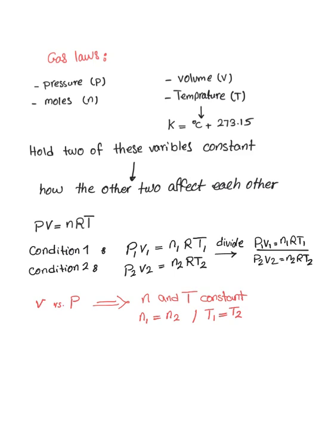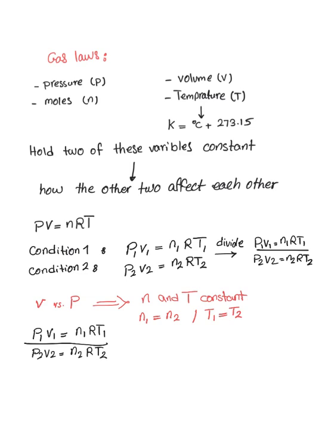So let's look at the equation. P1, V1, N1, R, T1, and we have P2, V2, N2, R, T2.